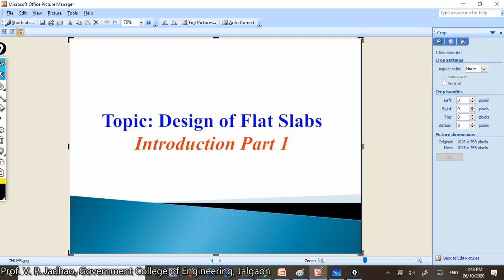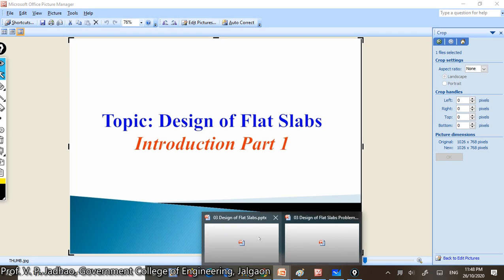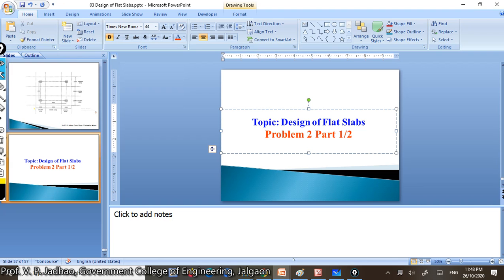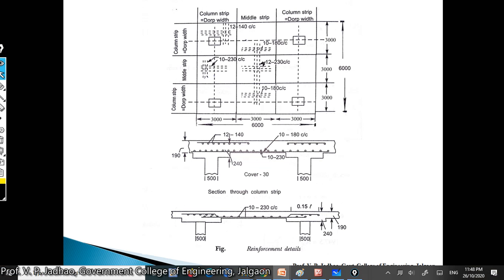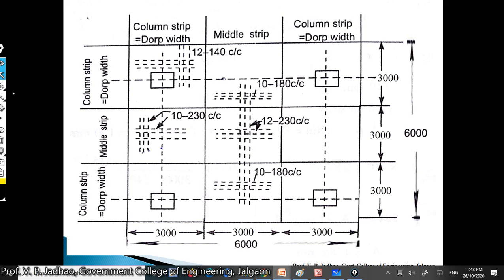Now we will see how the steel is placed in this particular type of problem. This is the steel drawing that we have already calculated. We can see in this particular figure that the dotted or dashed portion indicates where the steel reinforcement is provided.